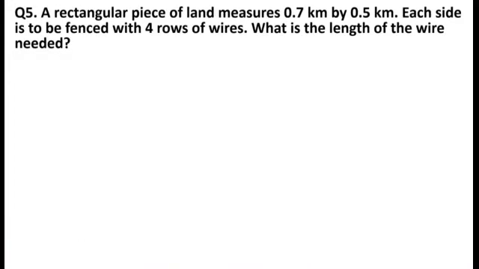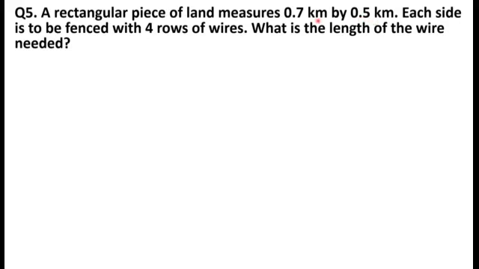Next question: a rectangular piece of land measures 0.7 kilometer by 0.5 kilometer. Each side is to be fenced with 4 rows of wire. What is the length of the wire needed? Again, a rectangular piece of land is given, with length 0.7 kilometer and breadth 0.5 kilometer.